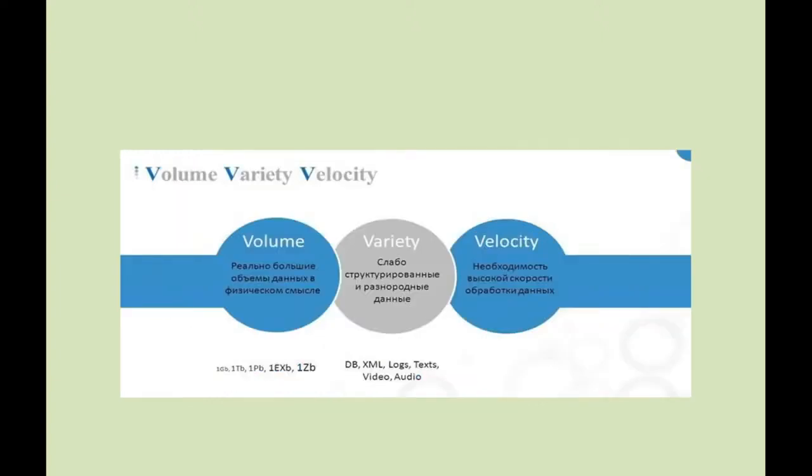Here you can see the main line of how all these systems work. It is volume, and volume of a database is a really big space of information which needs to be stored in an online space. Variety means information which we call data may be different.